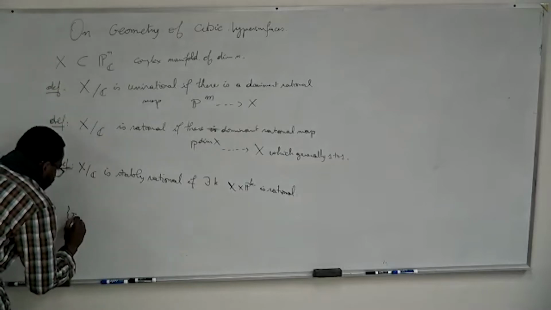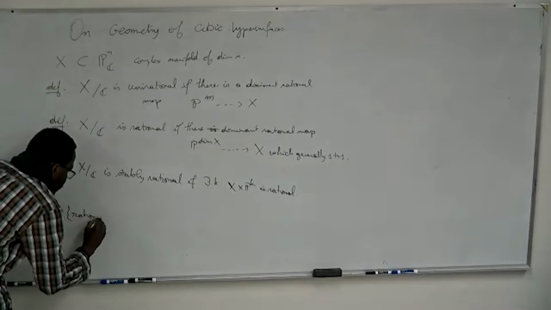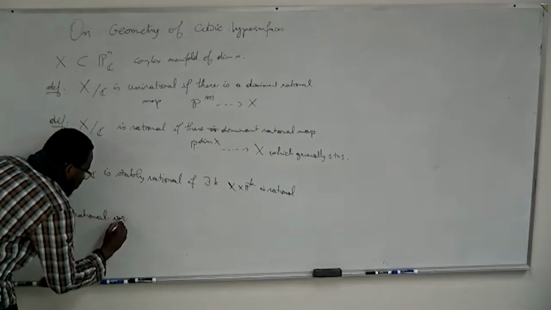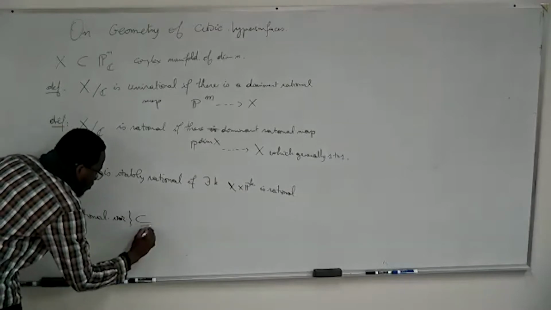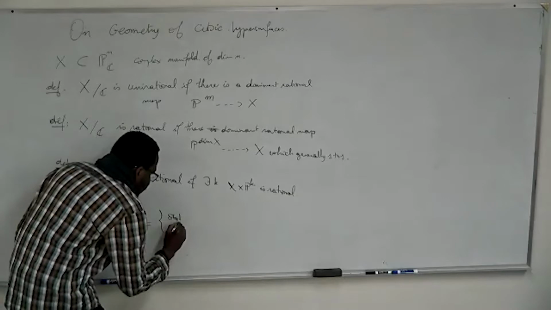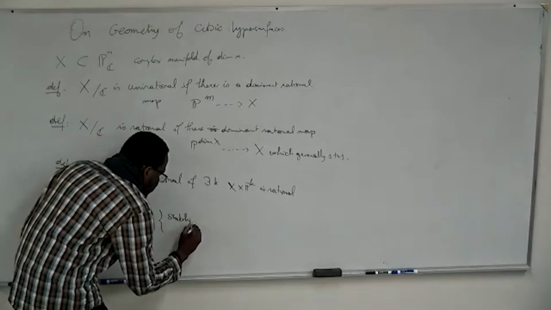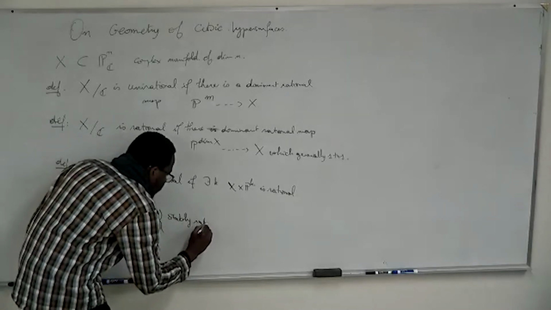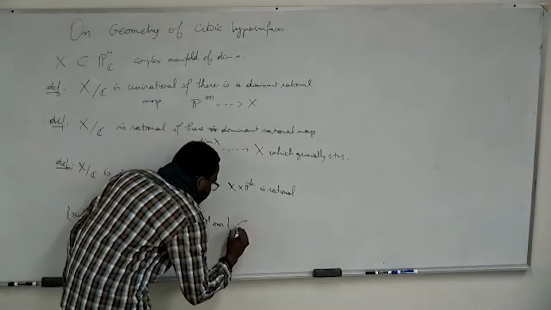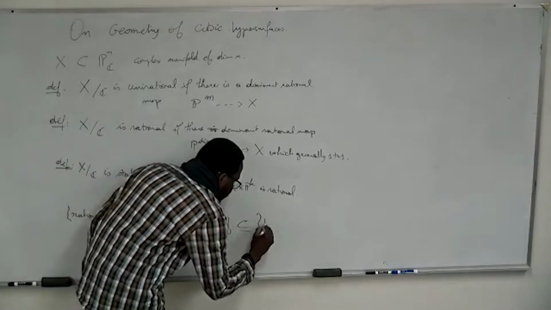The strongest notion is rationality. So here we have rational varieties, then we have stably rational varieties, and then we have unirational varieties.